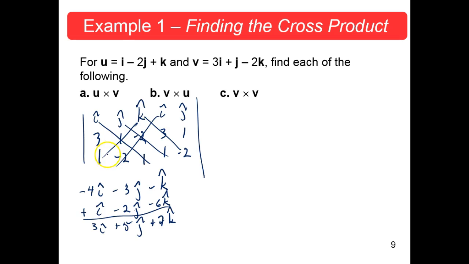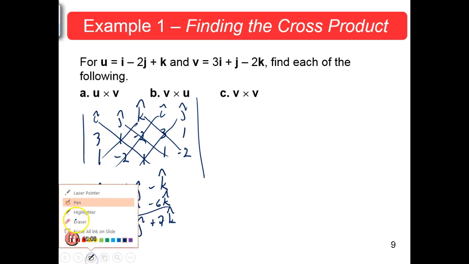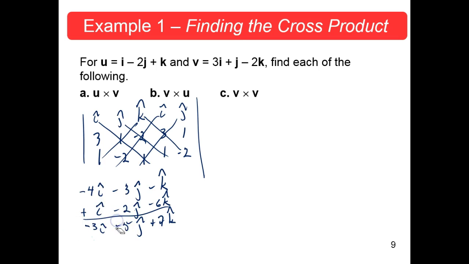There it is. And then you have a minus 3j, because you're going uphill, minus 3j. There it is. And now what do you have? Minus 3i minus 5j minus 7k, which is exactly the opposite of u cross v.